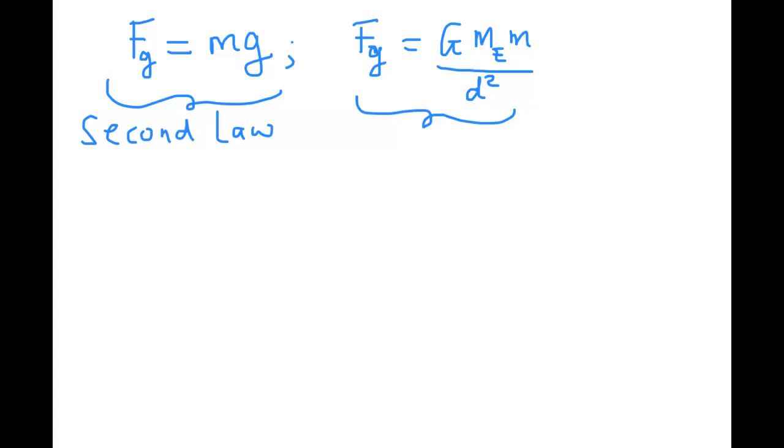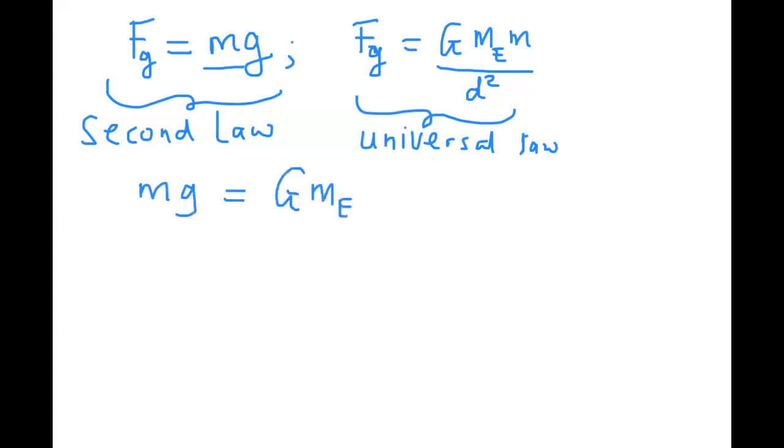So this is according to the universal law. Now, the two must be the same. In other words, mg here must be equal to G times the mass of the Earth times the mass of the apple, or the mass of another object, over d squared.